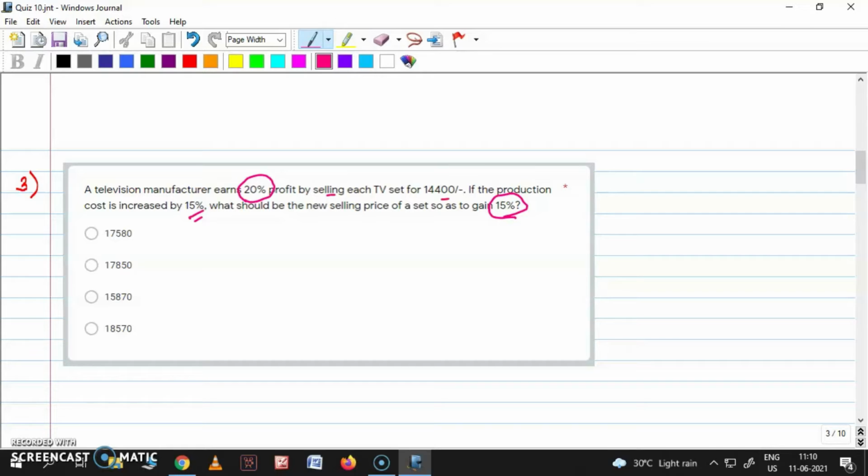Cost price is equal to 100 divided by 100 plus gain. Here the gain is 20, so it should be 120 into selling price 144,000. So the cost price will be equal to 1,20,000 rupees.